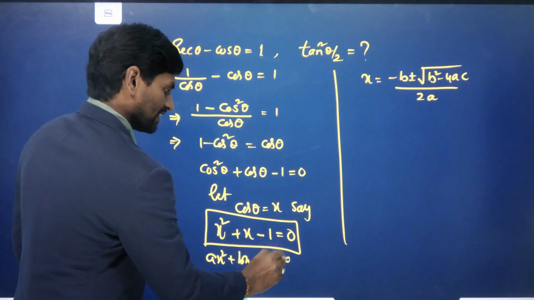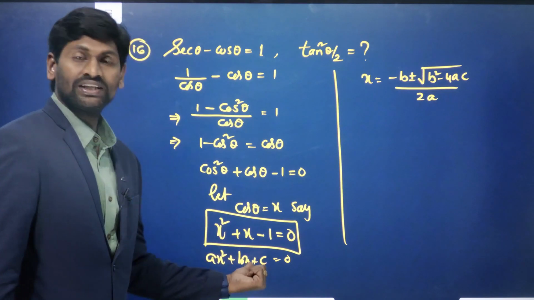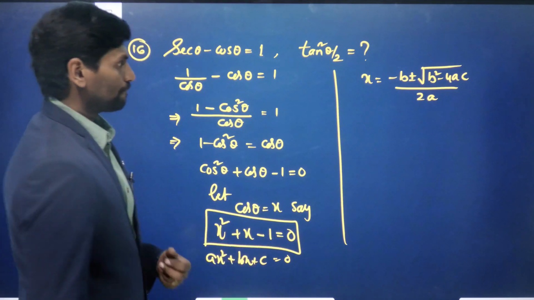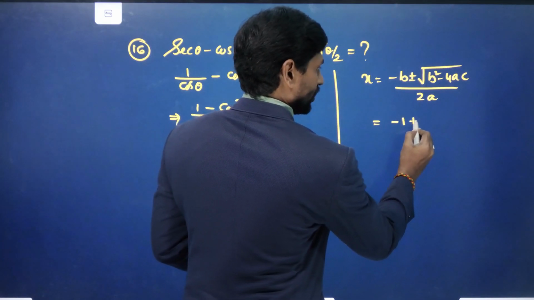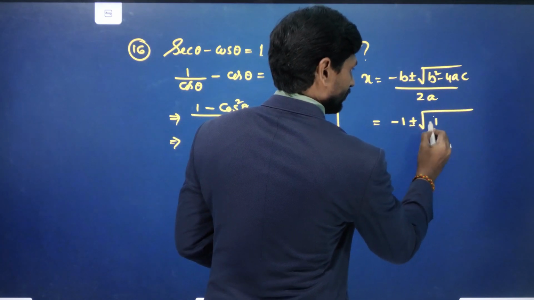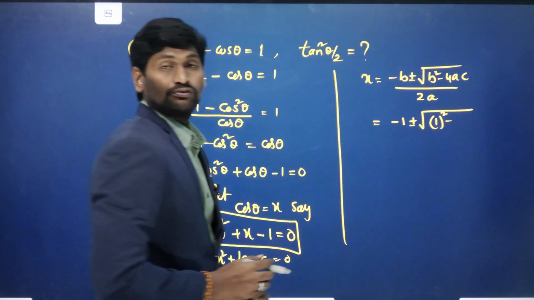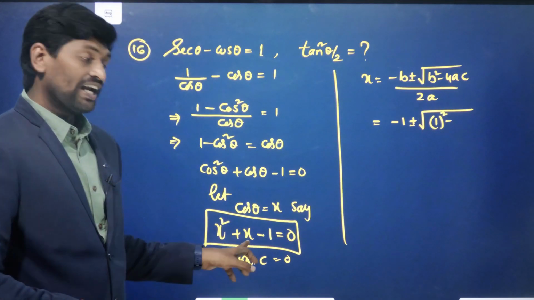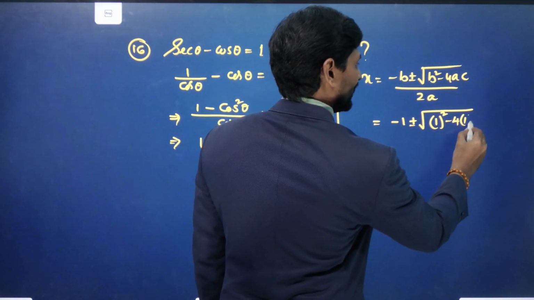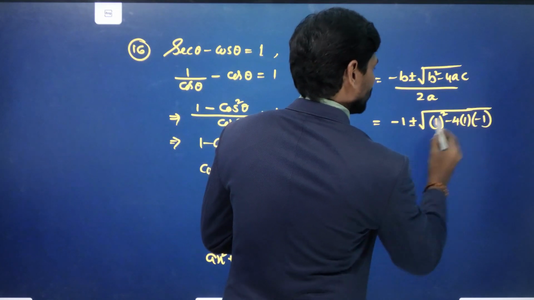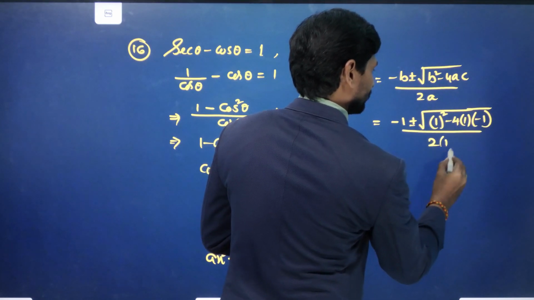From this we can say that the a value is 1, b value is 1, and c value is minus 1. Substitute here: b is 1, so plus or minus root of 1 square minus 4ac, with a value 1 and c value minus 1, 4 into 1 into minus 1, divided by 2 into 1.